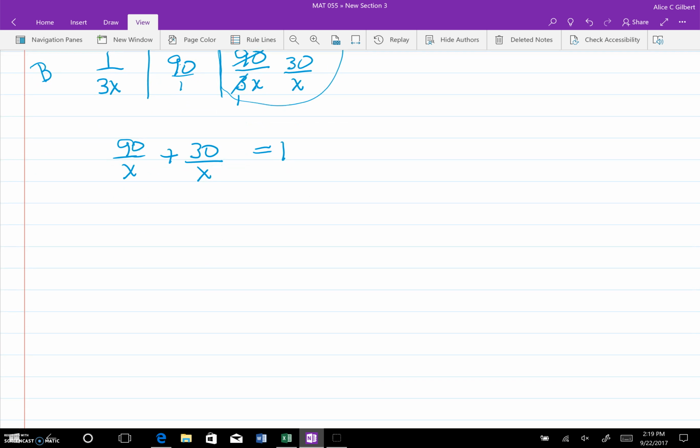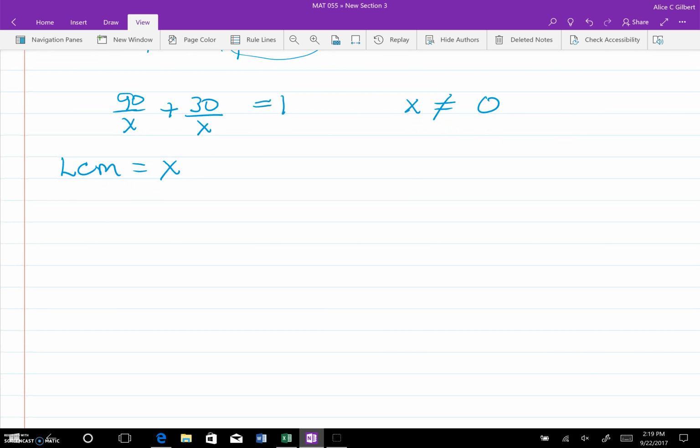Well, this is an equation. It has denominators, so I need to find my LCM. Remember, x cannot equal 0. That's the only thing it can't be. Also makes sense. And my LCM is x. That's all I need.